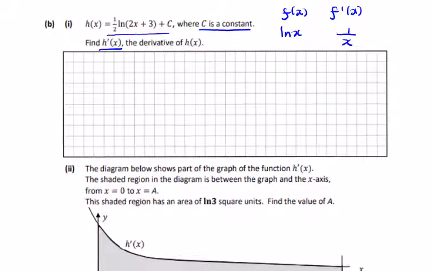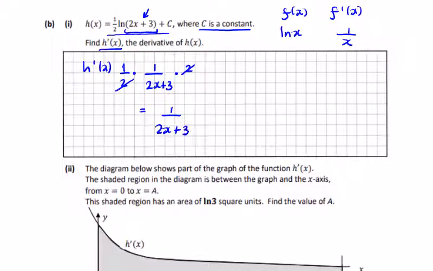So we have our constant in front, so h prime x is going to be a half times 1 over 2x plus 3, and then we have to multiply by the differentiated bracket, which is 2. That's the rule for this. So the 2's cancel, and we're left with 1 over 2x plus 3. So this is the derivative.